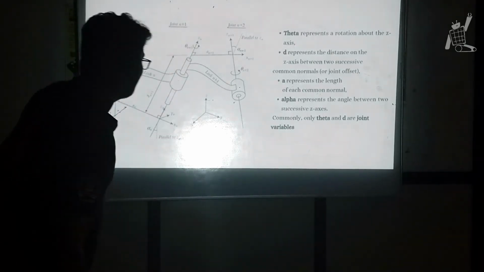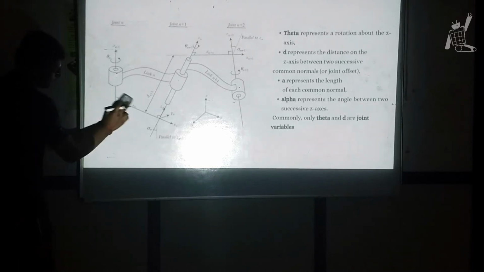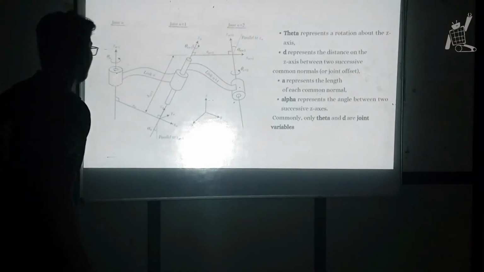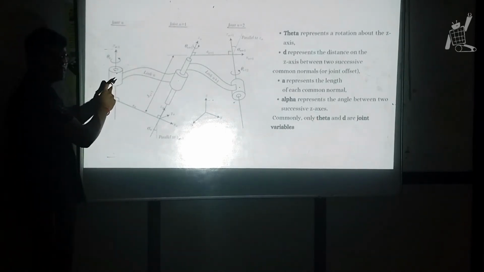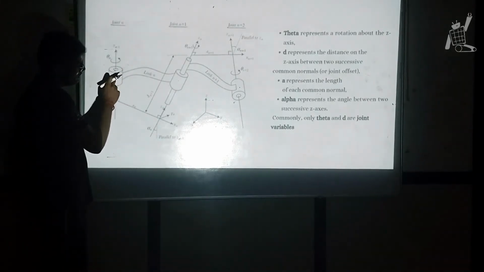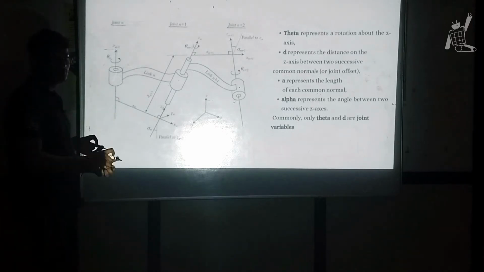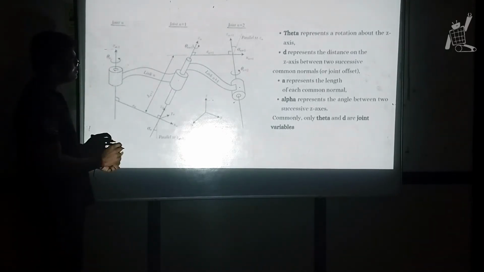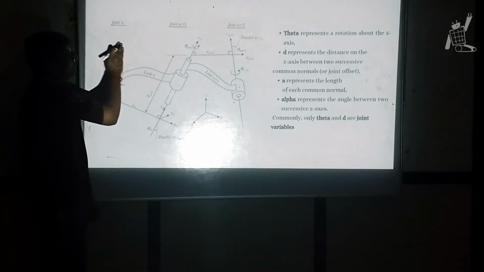We will start with assigning the Z axis. The direction of the Z axis will be the direction of the motion of the joint. Since this joint can rotate like this, the right hand will move up, and that will be the direction of the Z axis.